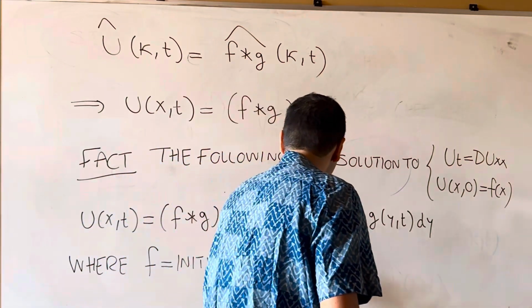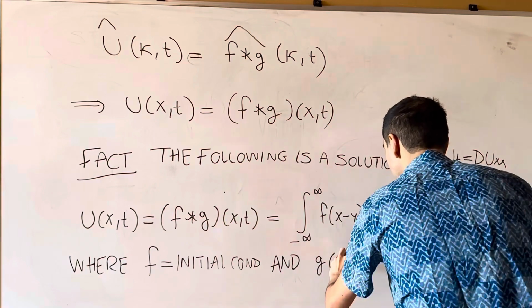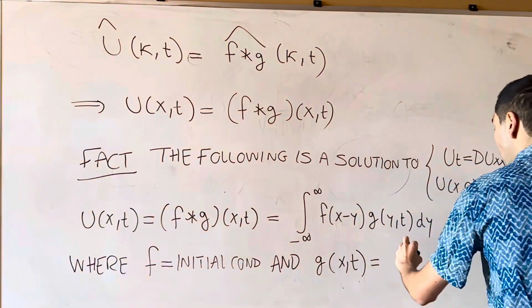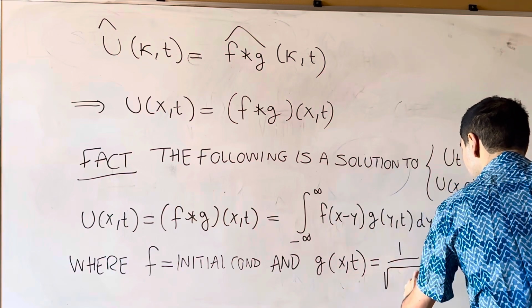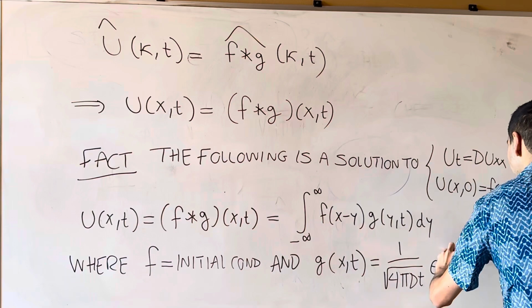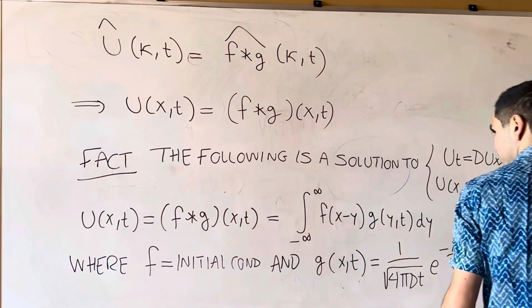and g, from g of x,t if you wish, is what's called the heat kernel. So it's 1 over, if I'm not mistaken, square root of 4 pi dt, and an e of minus x squared over 4dt.